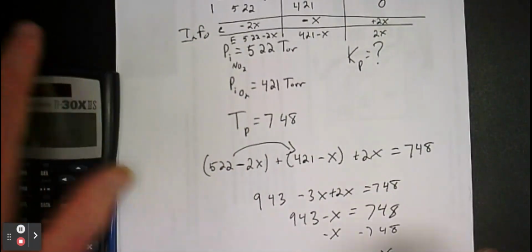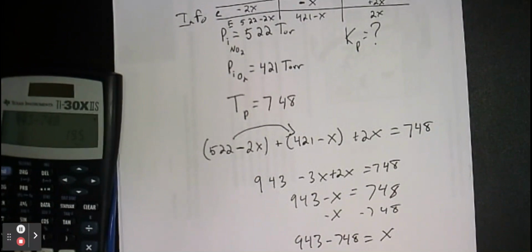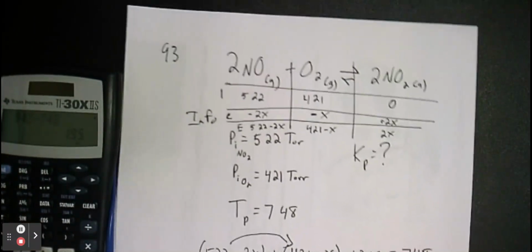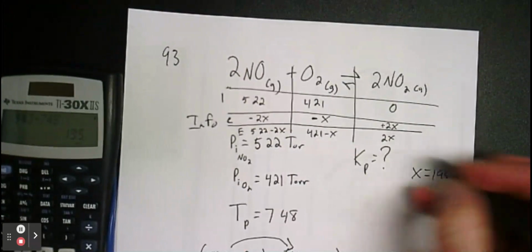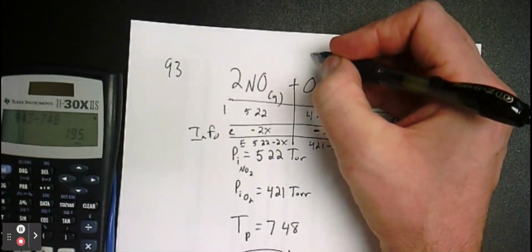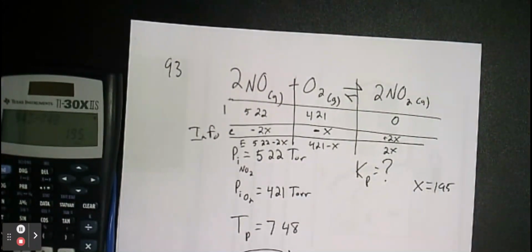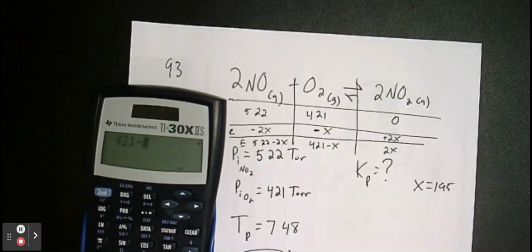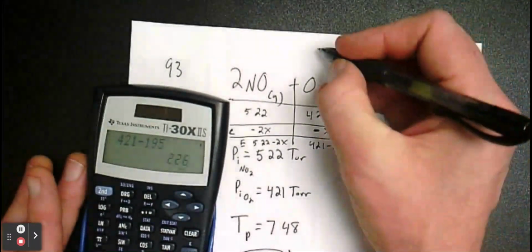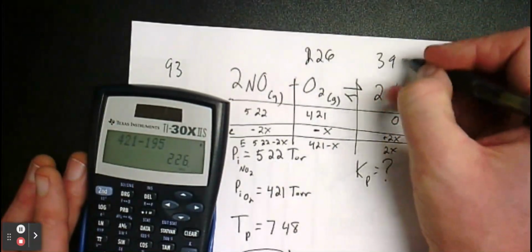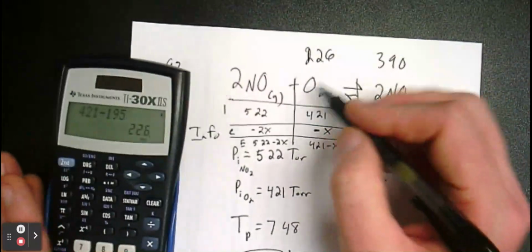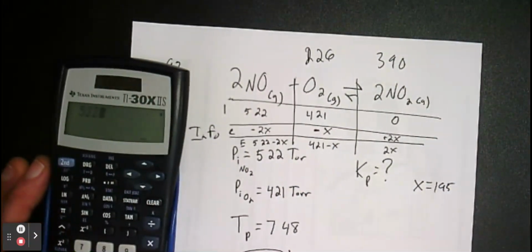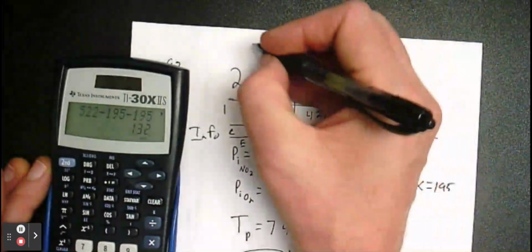I think I got it wrong. 421 minus 195 would be 226. This is going to be double that, so it's 390. And this one is going to be 522 minus 195 minus 195, 132.